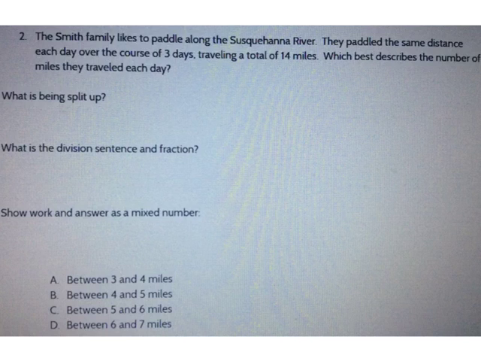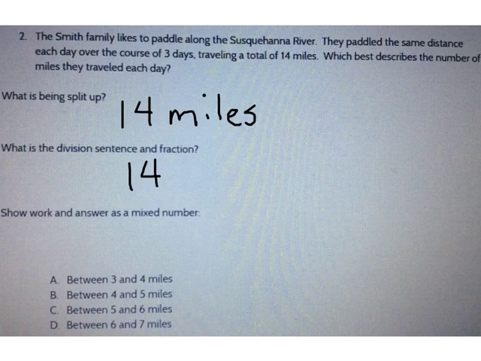We're splitting the 14 miles to find how much they traveled each day. What does that mean our division sentence should be? Our division sentence should be 14 divided by 3. 14 miles split across 3 days.